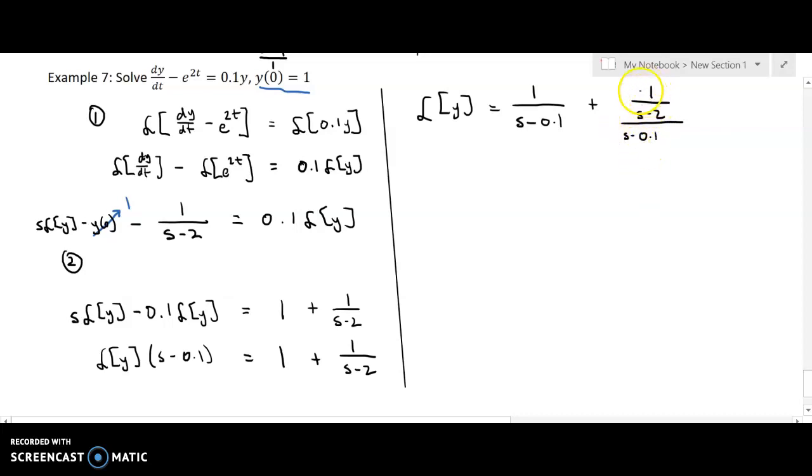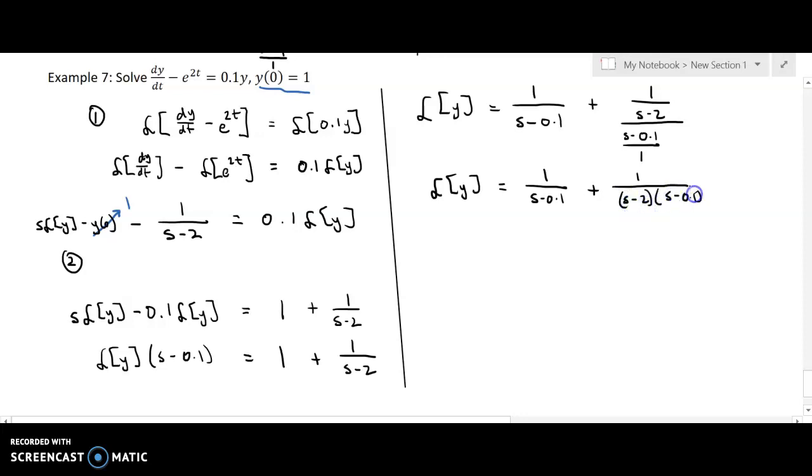Now, remember, this is really a fraction divided by s minus 0.1 over 1, so I can multiply by the reciprocal, but the real quick trick here is that the s minus 0.1 is going to multiply with the s minus 2 in the denominator. So I'll have Laplace of y equals 1 over s minus 0.1 plus 1 over s minus 2 times s minus 0.1.